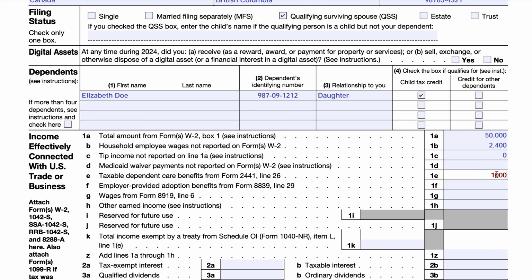IRS Form 8919. So basically, that is a form that discusses uncollected Social Security and Medicare tax on wages. This usually doesn't happen. It might happen if you were an employee, but your employer considered you to be an independent contractor.